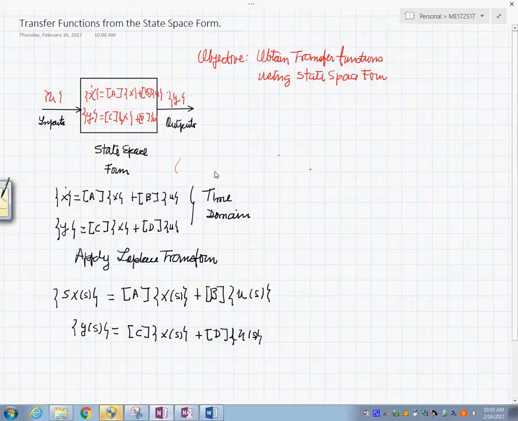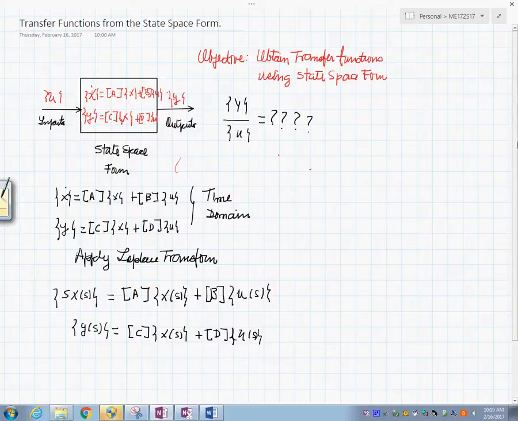You see, our objective is to obtain a relationship of the output in relation to the input. This is what we want, because that's what a transfer function is.